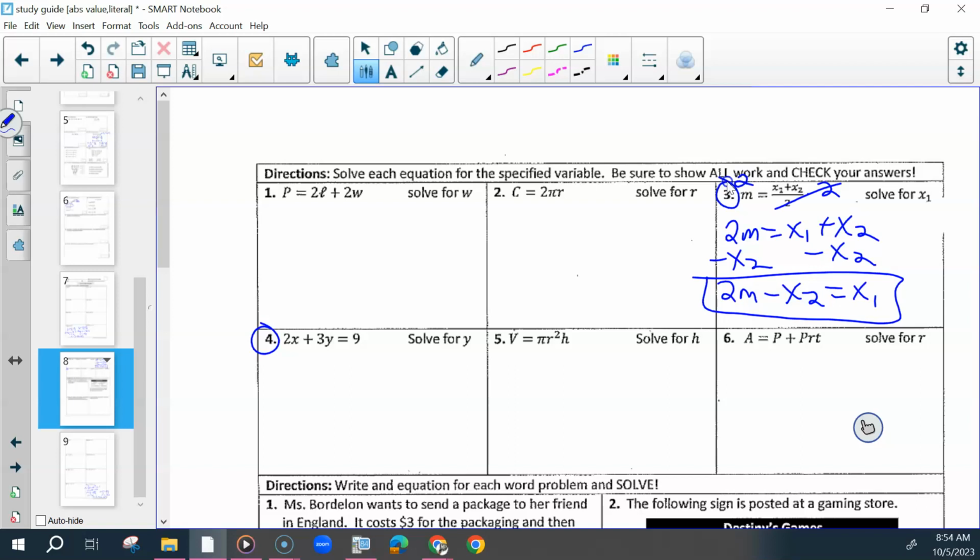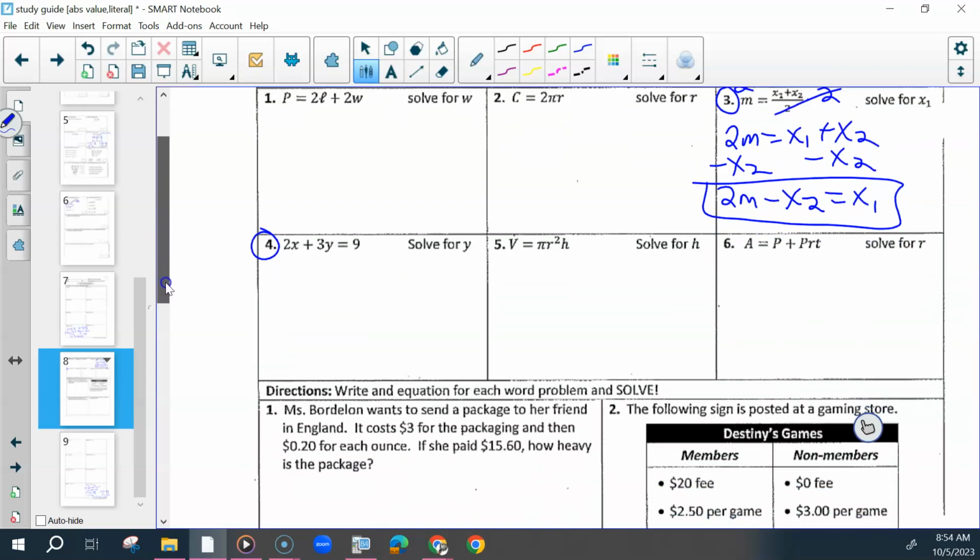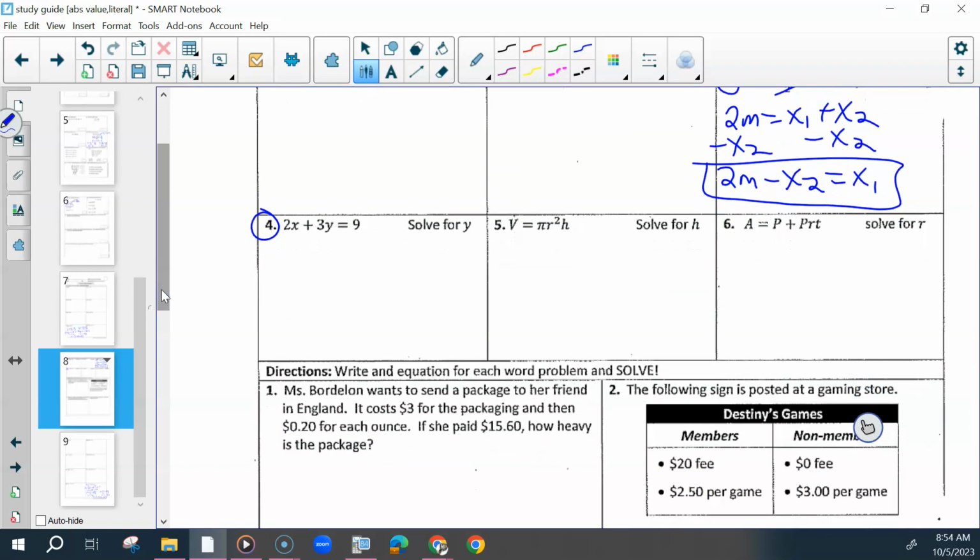Number 4, we are solving for y. What would be our first step in that one? Get rid of the x term because it has nothing to do with your y. Subtract it to the other side, but you're not combining like terms because they're not like terms. So just rewriting.